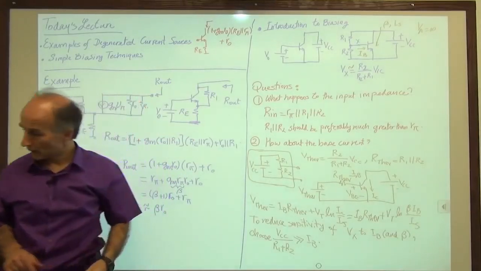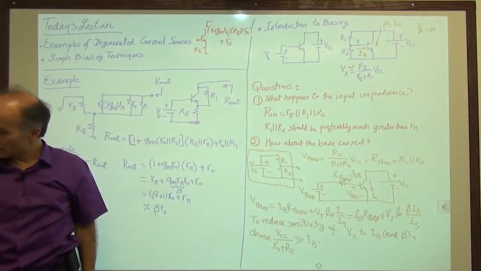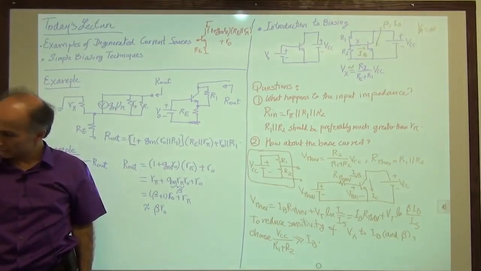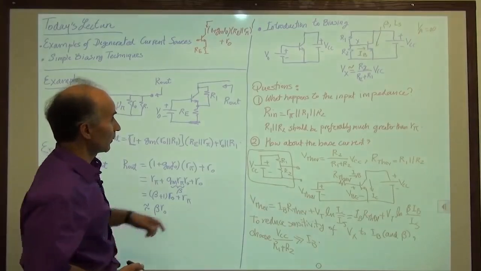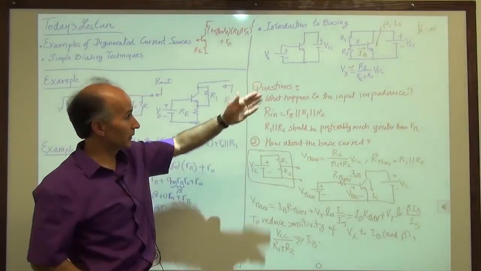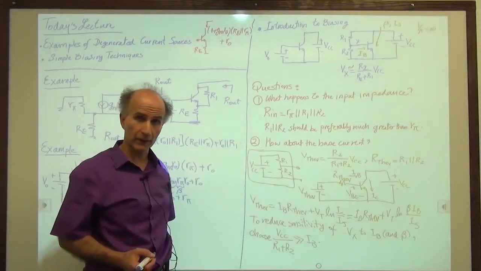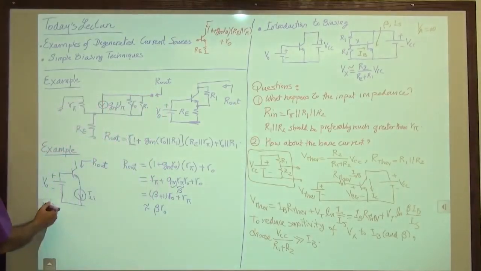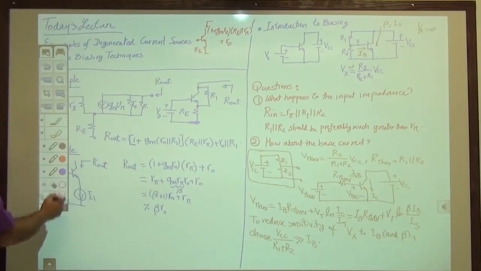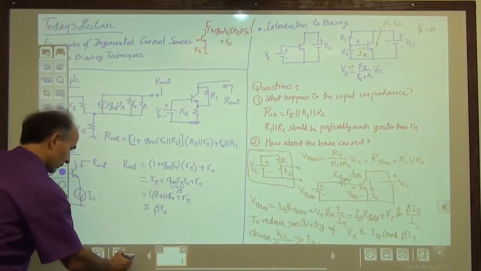All right, let's move on to the next question. So we asked two questions so far, the input impedance and then the effect of base current. And there is one more question that we have to address. So let's go and add a page here.